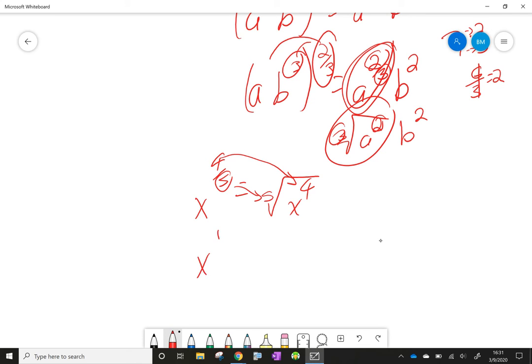If you have x to the 1/3 power, this would be the same thing as just the cube root of x, where the denominator is your index number and the numerator is your exponent. But you wouldn't write x to the 1st. You could just leave it as regular x. It is still x to the 1st, but you won't really write that. You usually just write the cube root of x.